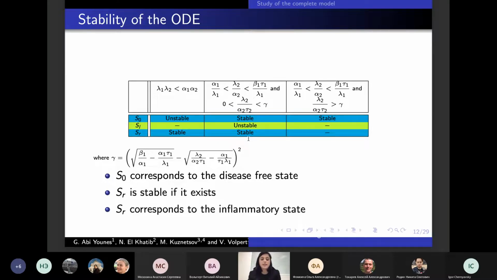Each point has its biological description according to its own components. For instance, S0 corresponds to the disease-free state, and SR corresponds to the inflammatory state. This point SR is always stable if it exists. And SL corresponds to a threshold between the disease-free state and the inflammatory state.